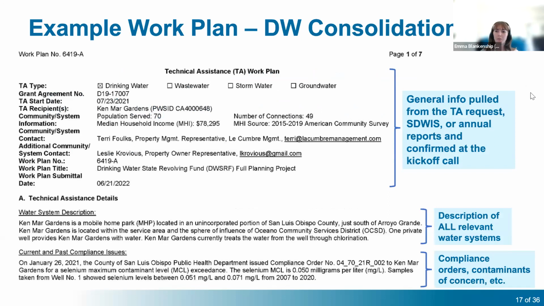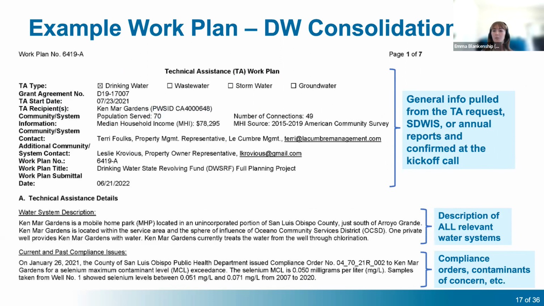I'm pretty sure a lot of people on this call have seen the typical format of a work plan, but I'll just go over it quickly. So this top section here basically just has some water system information and contact information and the title of the work plan. A lot of this information can be pulled from the TA request.